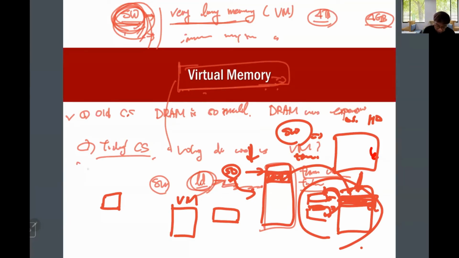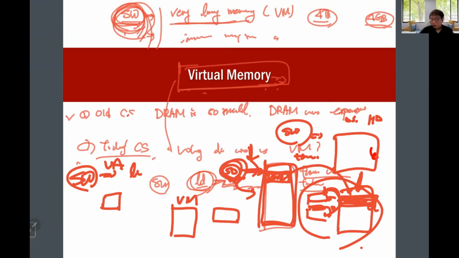Software accesses the data with the virtual address, which means the software thinks it is accessing a very large memory and that only this one software is running on the computer system.